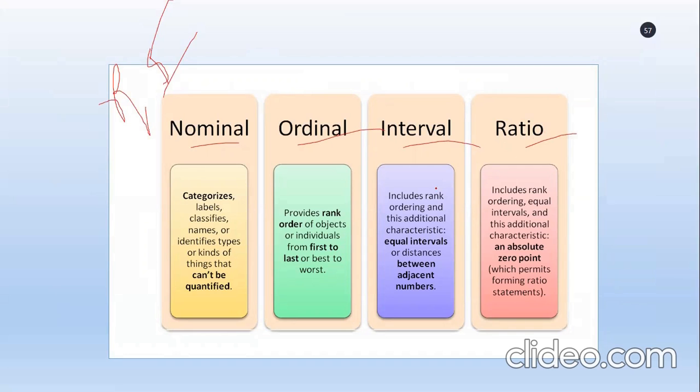Basically, if you can see, they are categorized, labeled, classified names or types that cannot be quantified. It's counted data. It is a system of naming or labeling events by assigning number symbols to them.